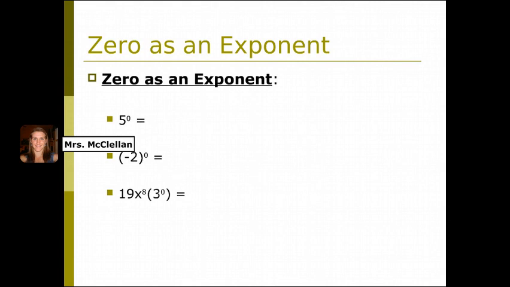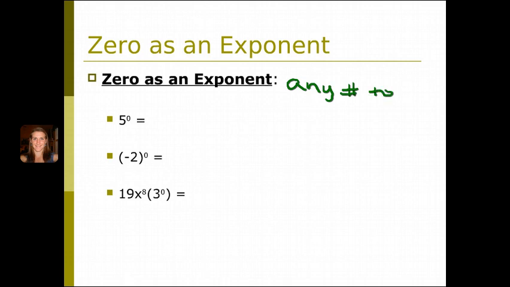Okay, so the exponent rule when you have 0 as an exponent should be any number raised to the 0 power equals 1. Okay?